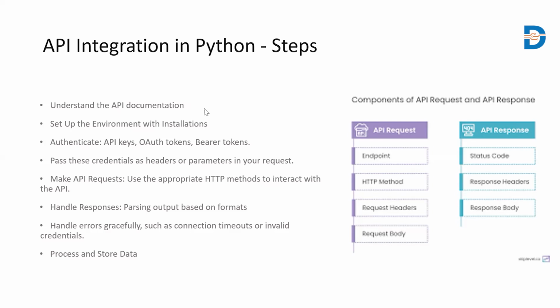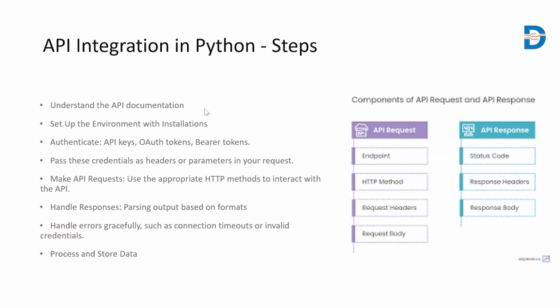We will also need to, because many APIs require authentication in the form of API keys or OAuth tokens or bearer tokens, we need to get them and pass these credentials as headers or parameters in the request that we make. Next step is get ready to make API requests. We use appropriate HTTP methods to interact with the API and make requests for the data.